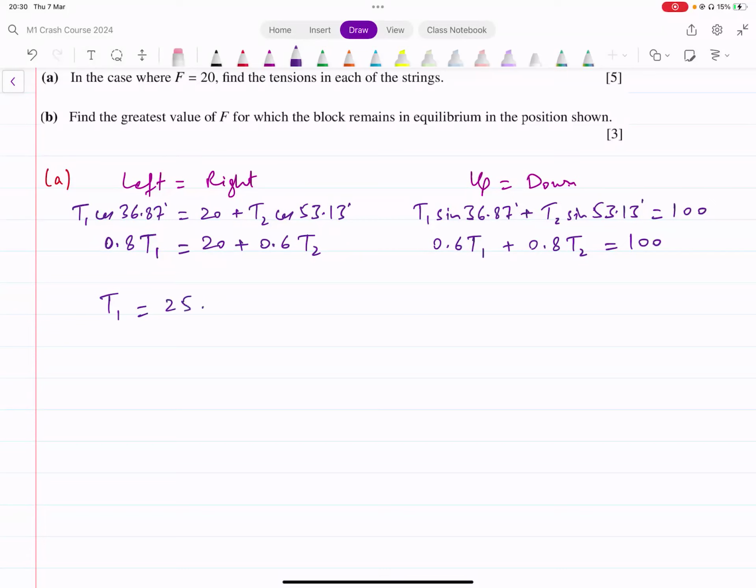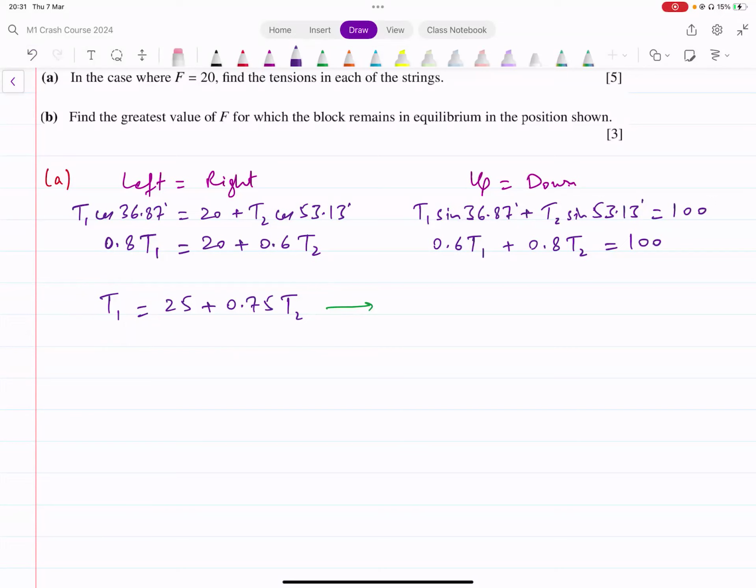So 25 plus 0.6 divided by 0.8, that's giving me 0.75, 0.75 T2. That's my first equation. I've made T1 the subject here. So I've just divided the whole equation by 0.8. So that gets me T1 on the left side, on the right side I get 25 plus 0.75 T2.